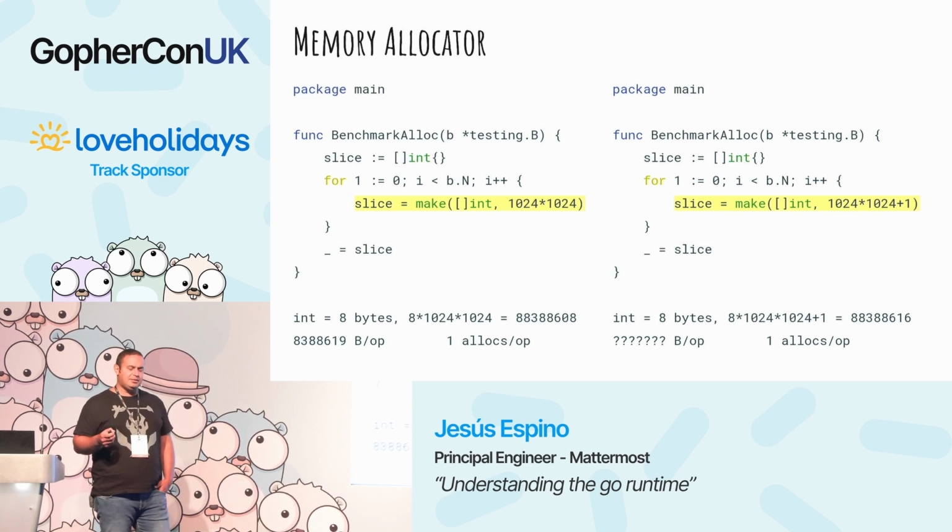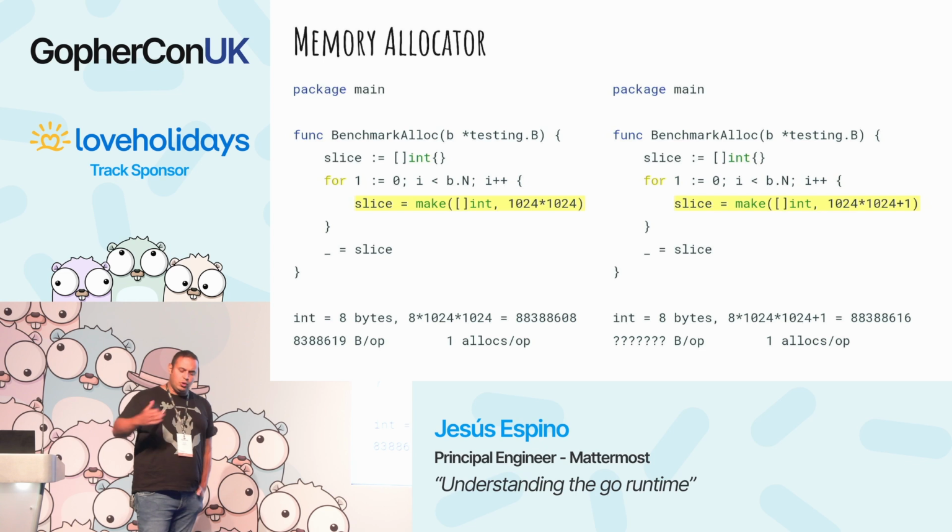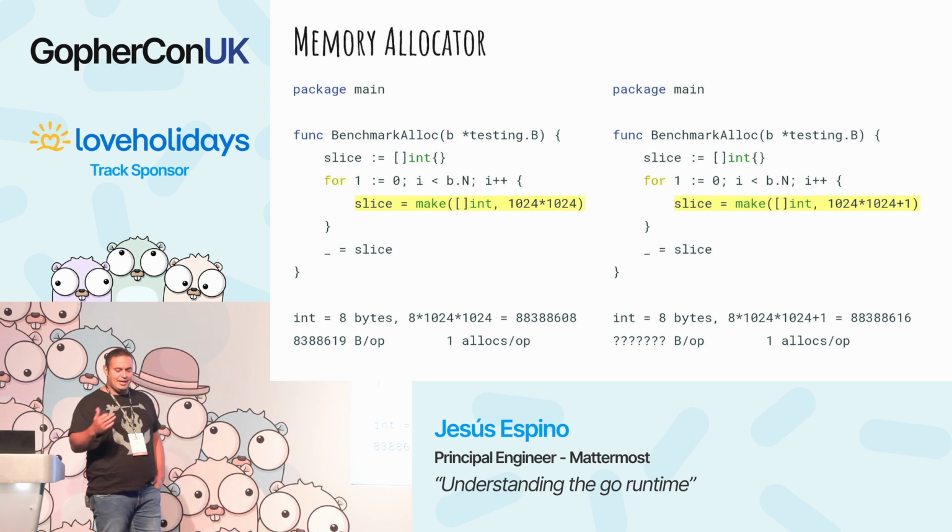The 8 kilobytes is because when the memory allocator is allocating these big objects, the smallest chunk of memory it can use is a page. So it's going to take 8 kilobytes extra, even if I only need 8 bytes, because it's going to need another page.